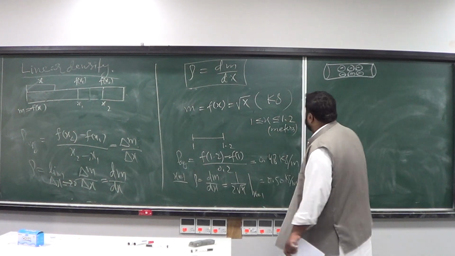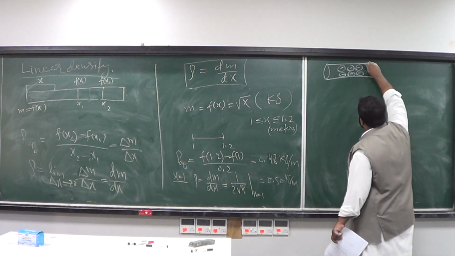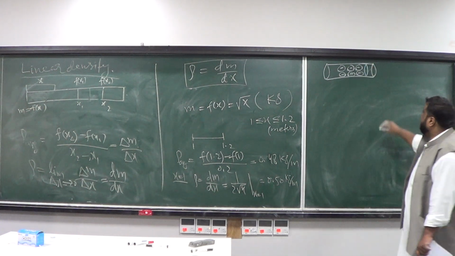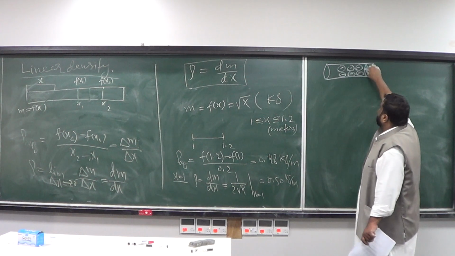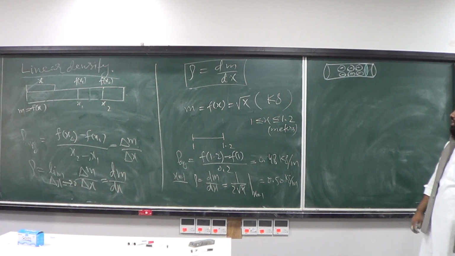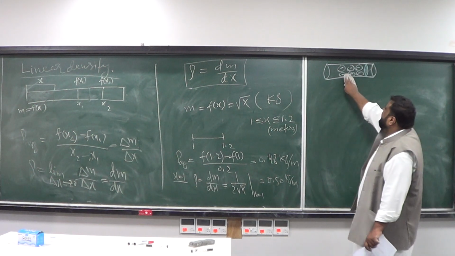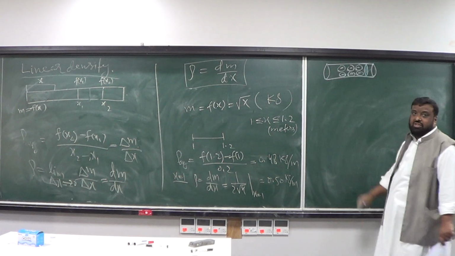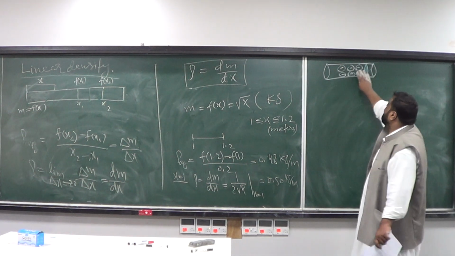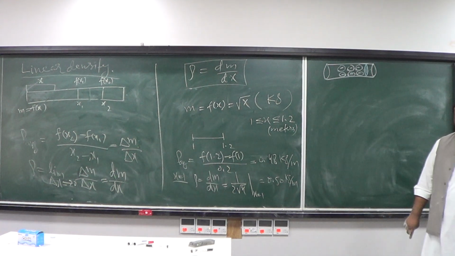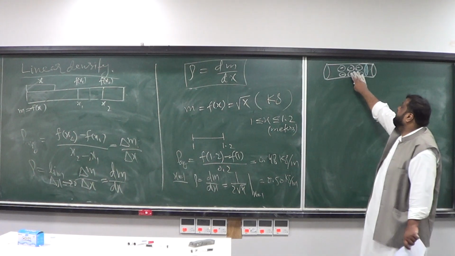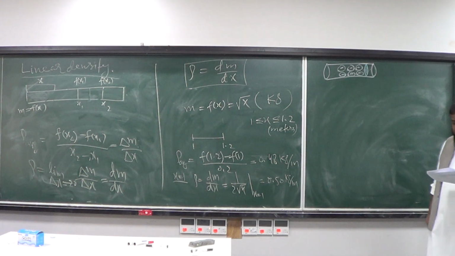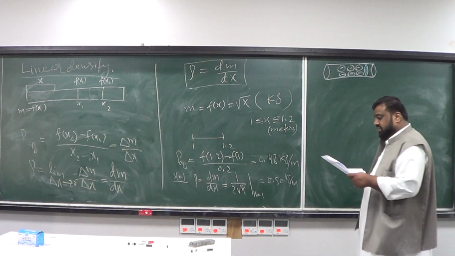We define current this way: take a section of this wire, and see how much charge is passing through this cross section in a given unit of time. That quantity is what we call the current.